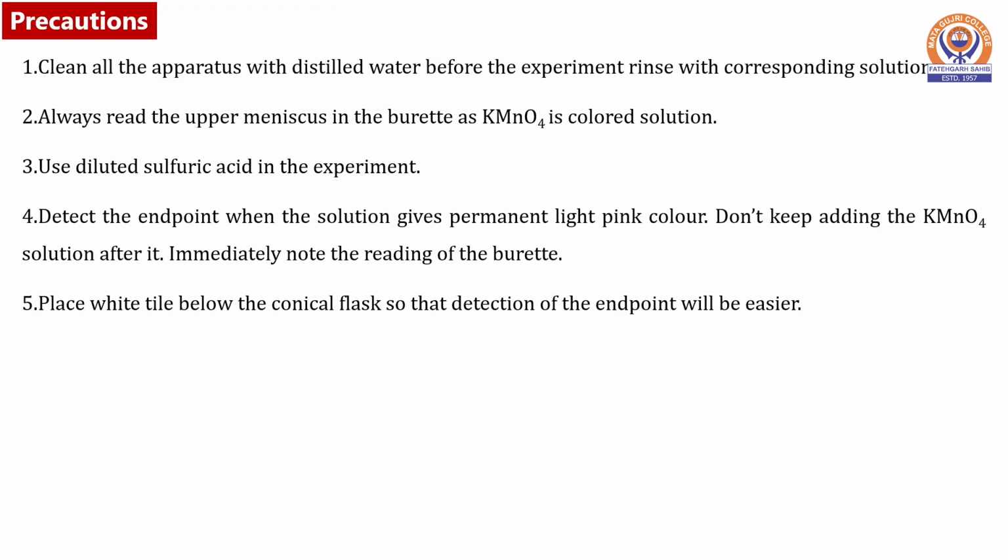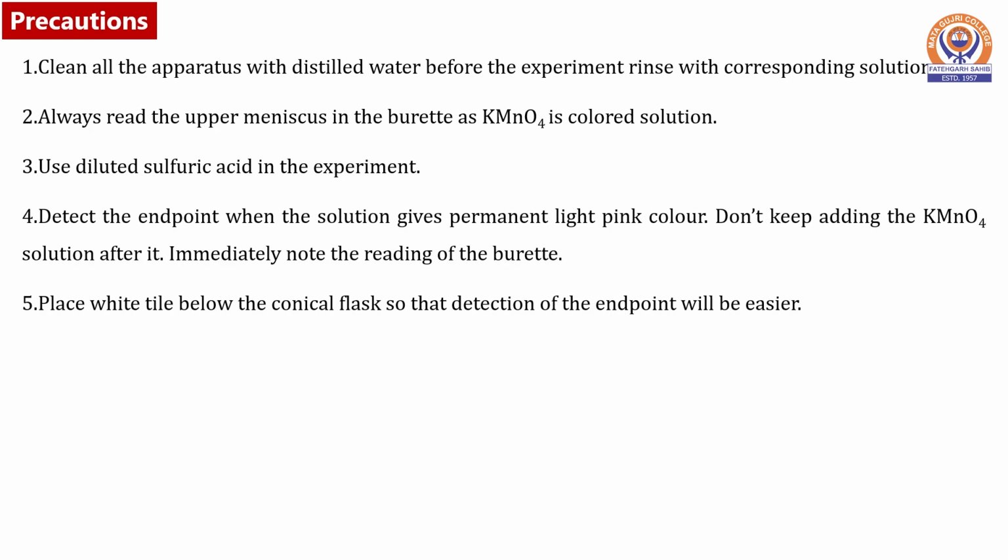The precautions which need to be taken during the experiment are: clean all the apparatus first with distilled water, and before the experiment rinse with corresponding solutions. Always read the upper meniscus in the burette, as KMnO4 is a colored solution.